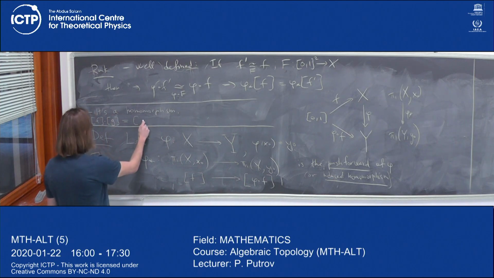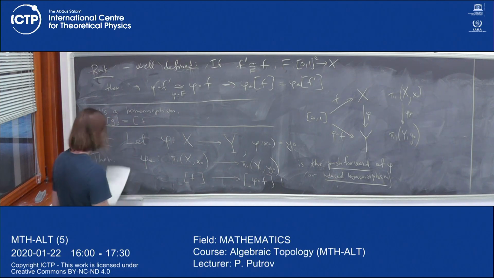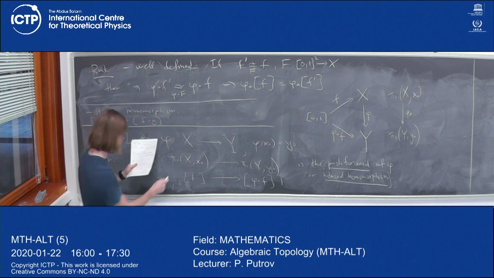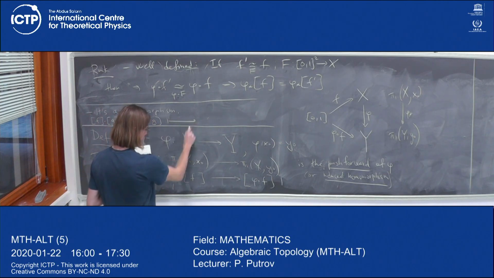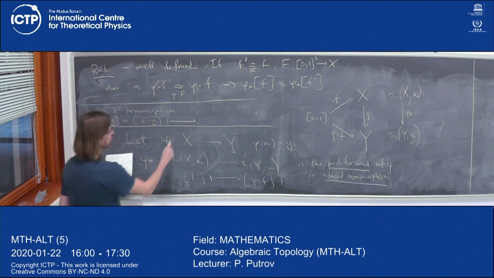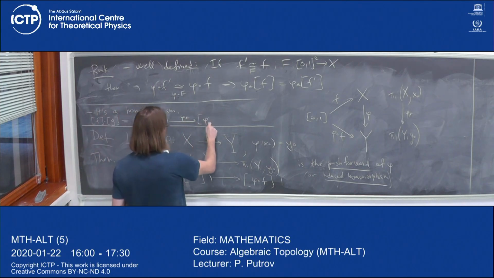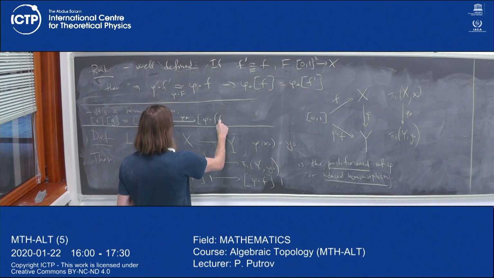So first, by definition of the product structure here, this is the class of the composition of paths f and g, and by my map phi star, it is mapped to phi composed with f and g.